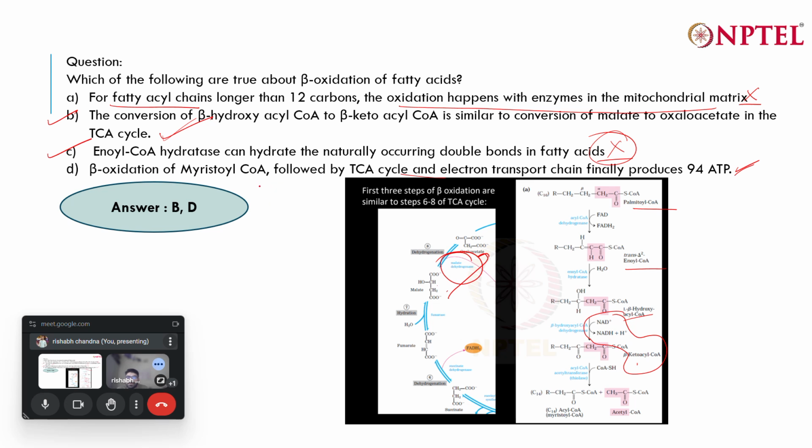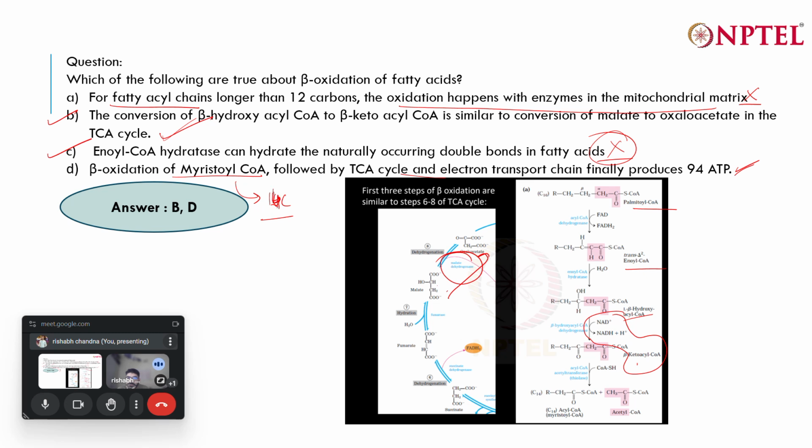So first of all, we have to check the carbon number in myristoyl coenzyme A. So this is actually 16 carbon. Sorry, it's 14 carbon.